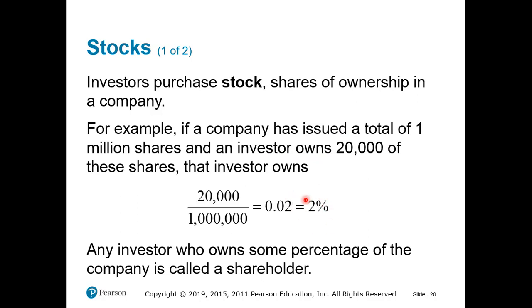Any investor who owns some percentage of the company is called a shareholder. And if you own enough shares, you can actually be invited to the shareholders meeting every year.